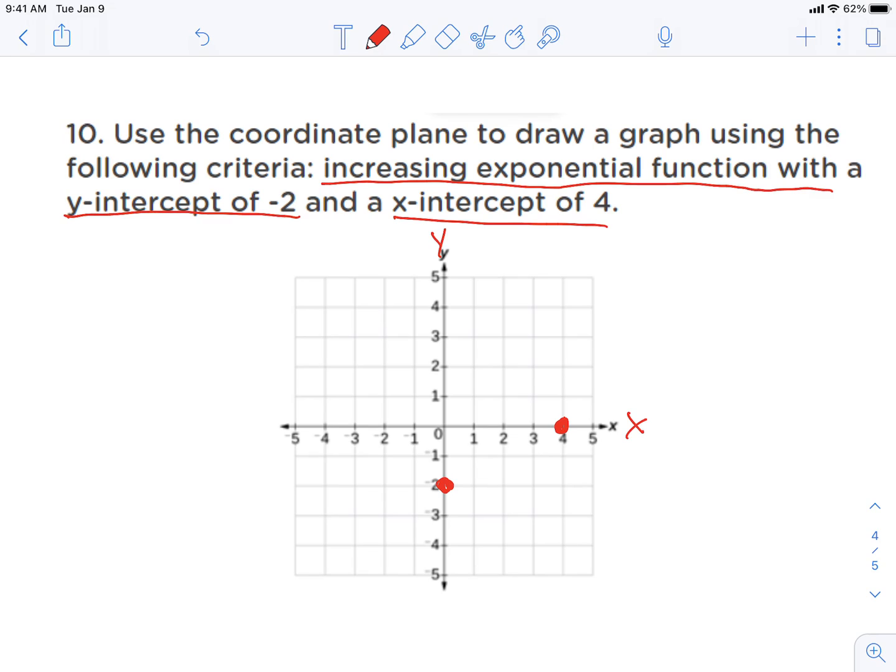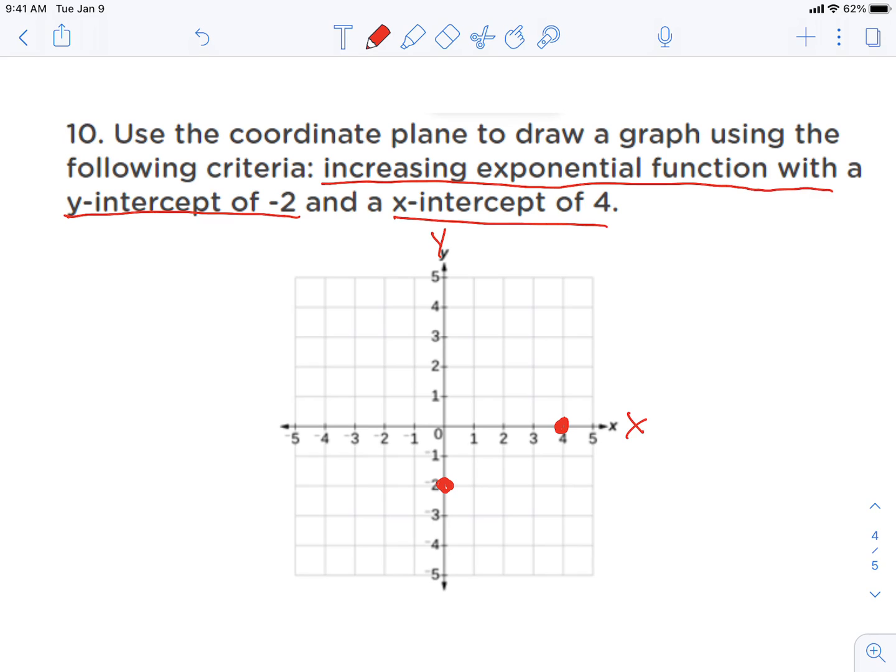Now we need to know what an increasing exponential function looks like. Increasing means it's going up from left to right. And exponential kind of looks like the water slide ones, or the ones that look like you're going uphill on a roller coaster since it's increasing. So think of going uphill on a roller coaster, as you're going up the big tall drop.